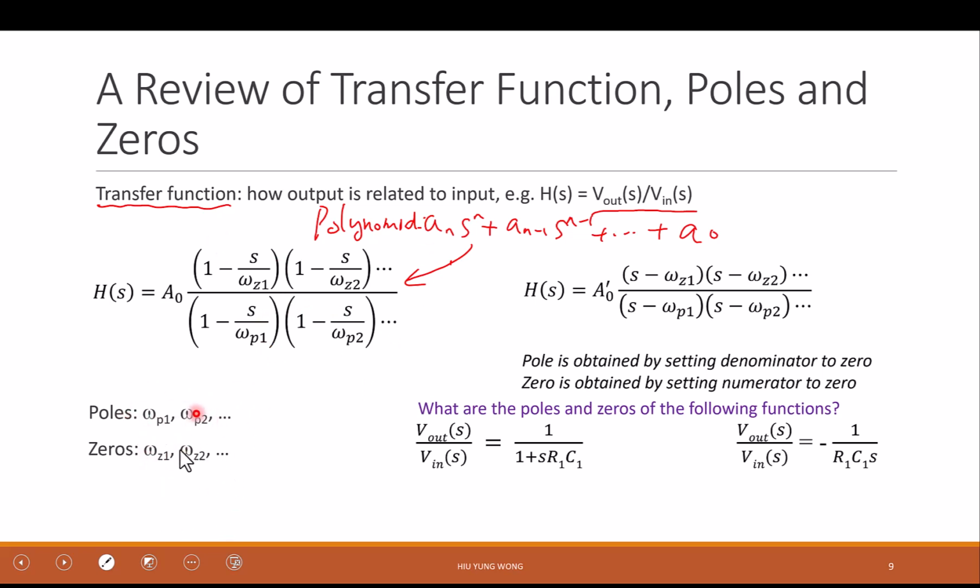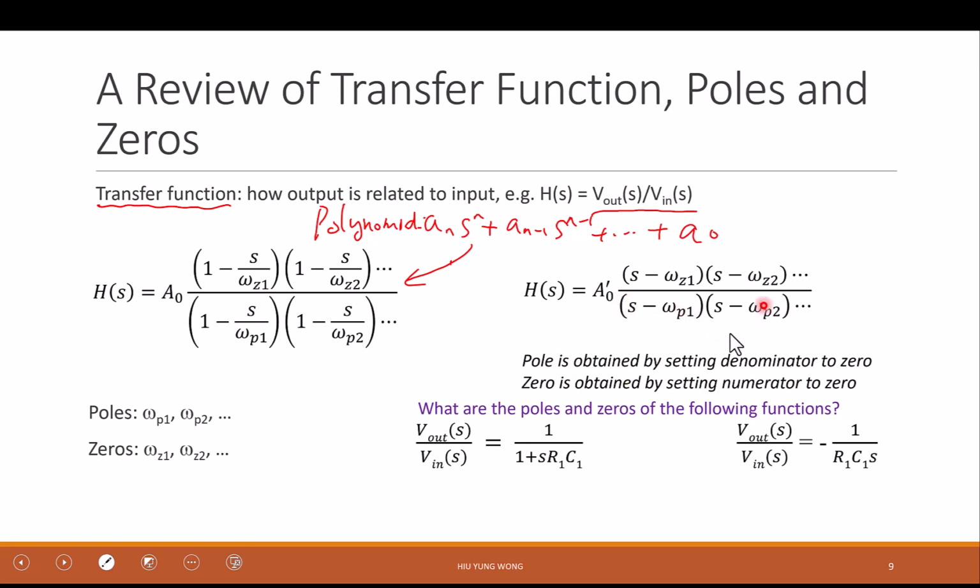For those at the bottom, we call them poles. Okay. Now, if this is a little bit confusing, you need to go back and think a little bit more. But trust me, every transfer function in our class is just a ratio between a polynomial and another polynomial. So how do I find the poles?